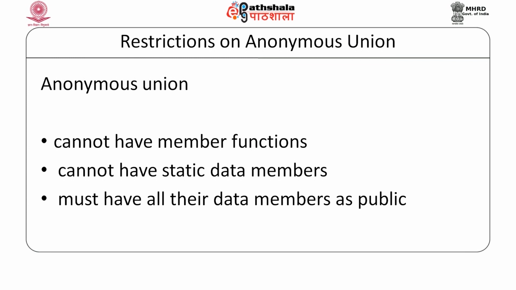What are those? Anonymous union cannot have member functions, that is, an anonymous union can only have data members. It cannot have a static data member. In the next module we will see what a static data member is, but in an anonymous union we will not be able to have one, and in an anonymous union all the data members must be declared as public.